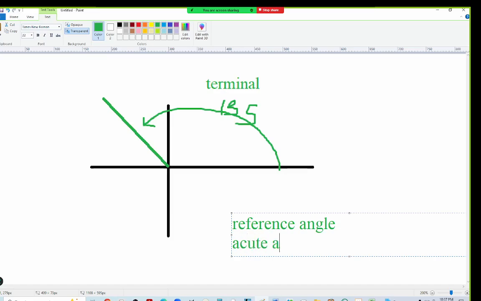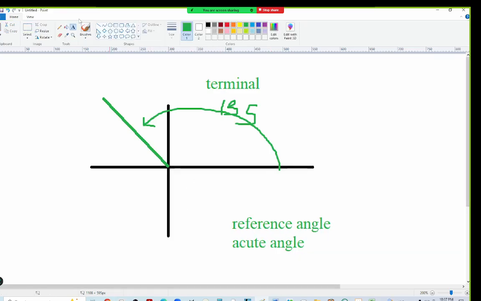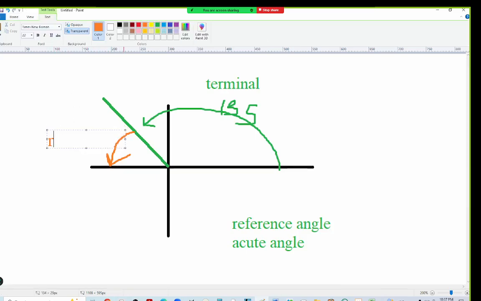It's the same thing, and this is a lot easier to think of because acute means less than 90. The reference angle is right over here, the distance between the arm and the nearest x-axis. This here is the reference angle. And we can figure it out if they give us the terminal.